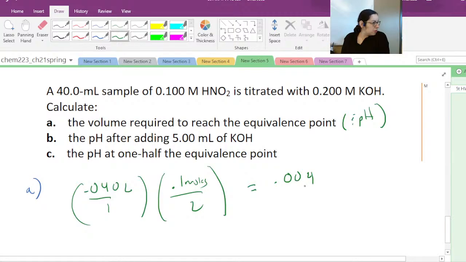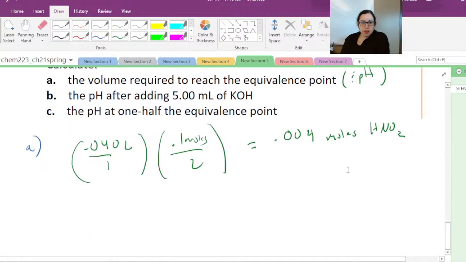So 2 zeros, 0.004 moles initially. Good. And so then trying to figure out how many milliliters we need for our 0.2 molar solution. So how many milliliters does that come out to?